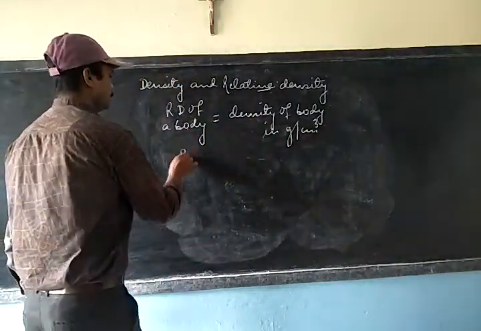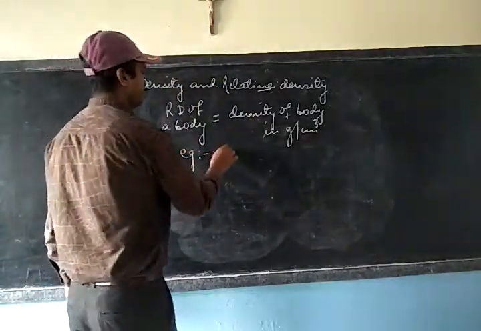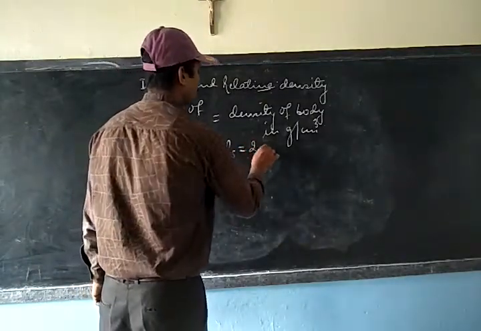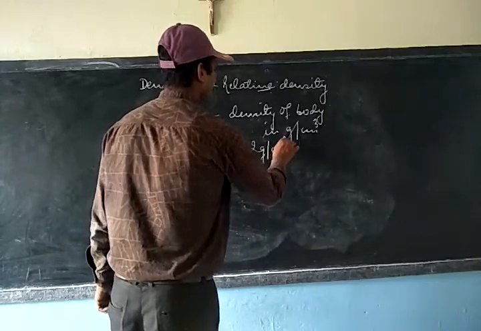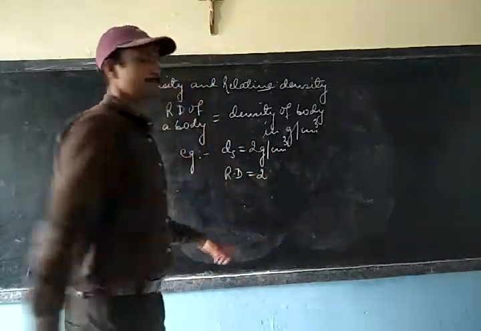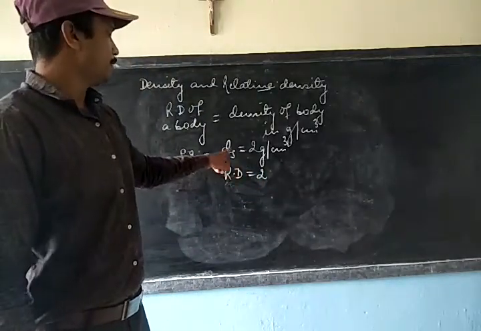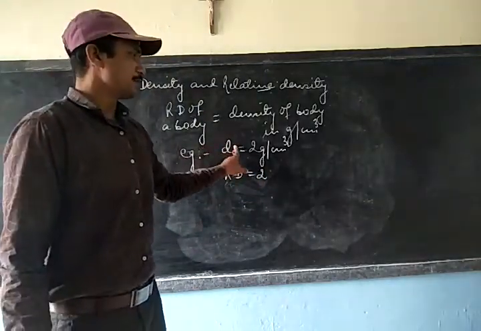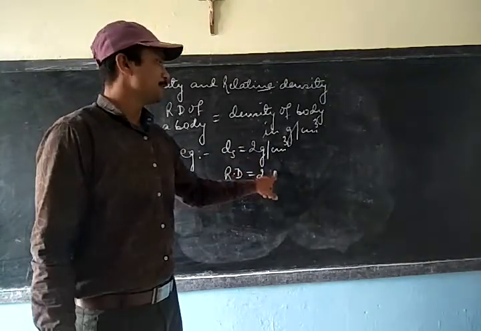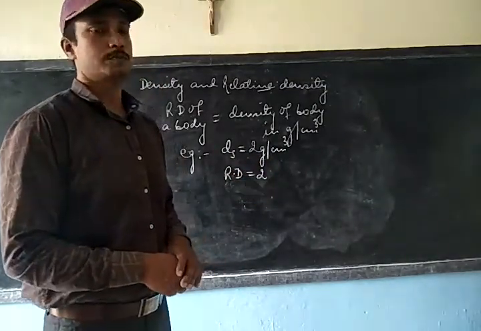For example, if density of a solid or substance is 2 gram per centimeter cube, we can write relative density is equal to 2. Once again, if we take density of substance equal to 2 gram per centimeter cube, relative density will be equal to 2.